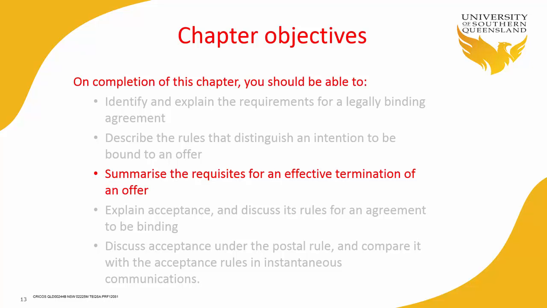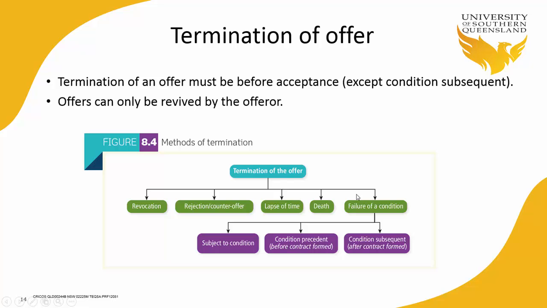And we move on to page 222, where we start this third objective, termination of contract. As you can see on page 8.4, termination could be done through a number of ways, including revocation of the offer, or rejection by the offeree, or a counter offer by the offeree, or due to lapse of time, which of course depends on what's reasonable in the circumstances, or the death of the offeror, or the failure of a condition.